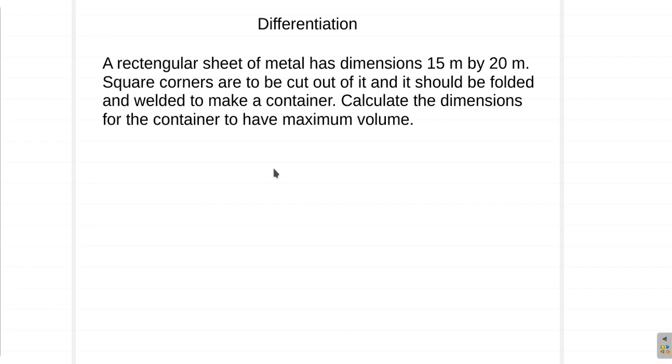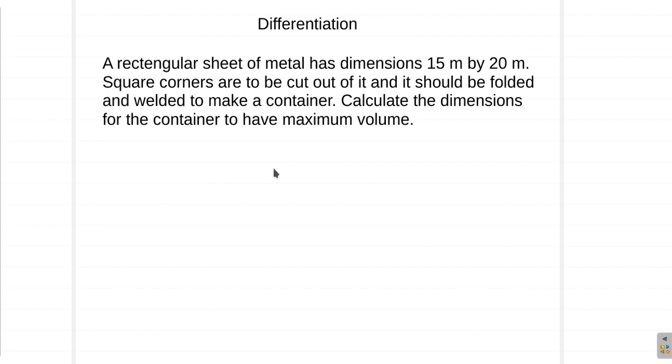When we can find maximum volume, we can maximize the amount of whatever is in that container that we can sell and make maximum profit from it. So that's why we want maximum volume. All right.